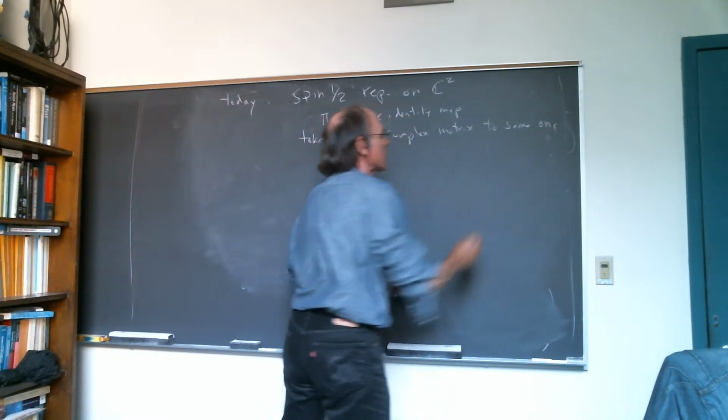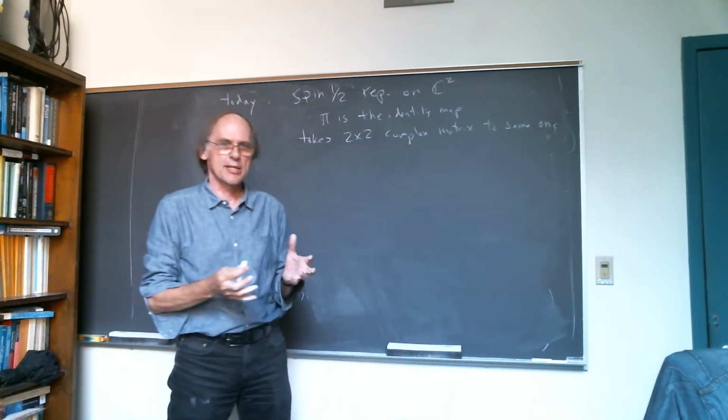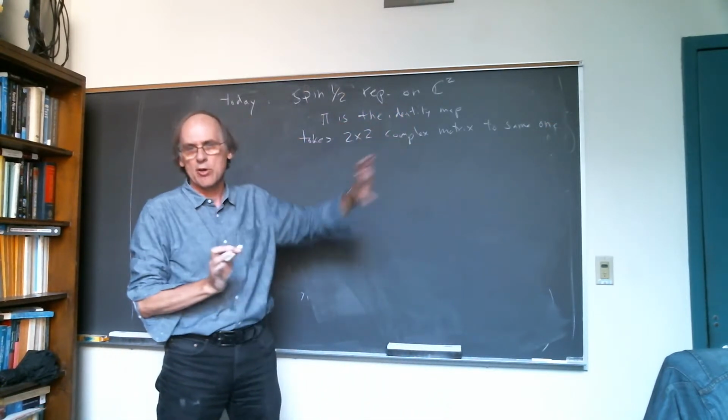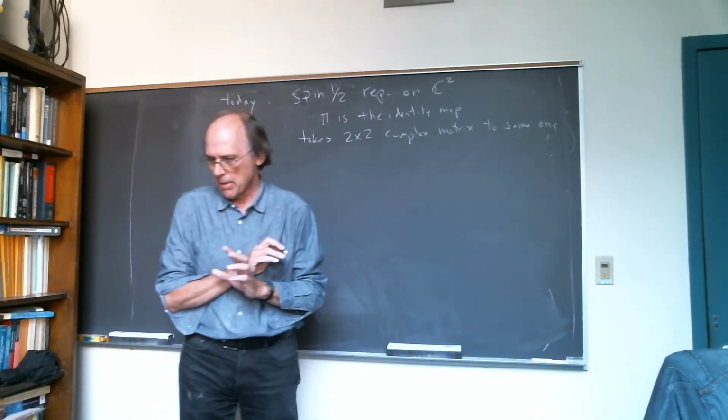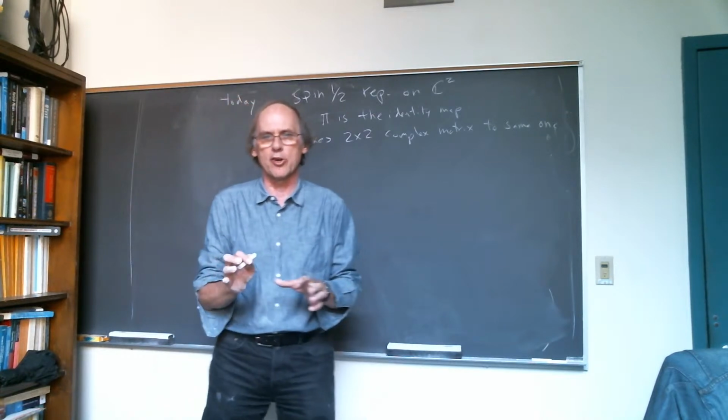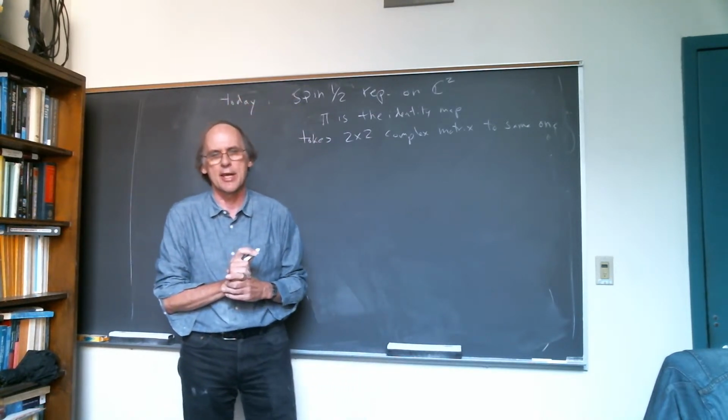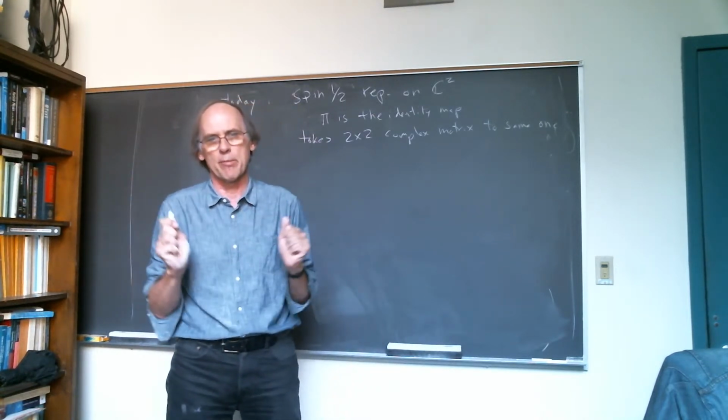Okay. So as a representation, this whole subject that I'm talking about today, I think it can be confusing. Maybe you don't want to think about it in terms of representation theory today, because it's kind of the world's stupidest representation.